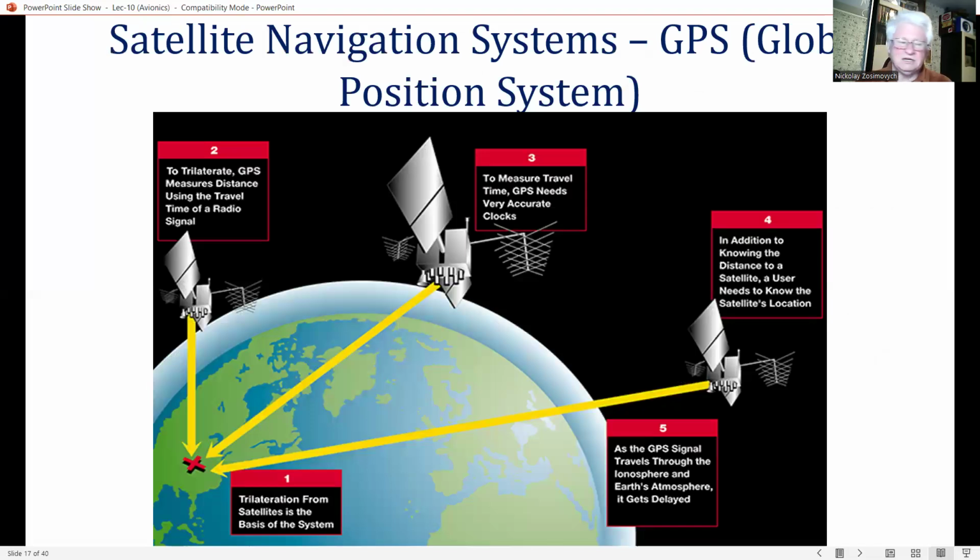And now let's start with the satellite navigation system, GPS. GPS, or Global Positioning System, is the most important and accurate position fixing system developed today. It is being used by every type of vehicle: aircraft, ships, and land vehicles too. Civilian use is now very widespread.